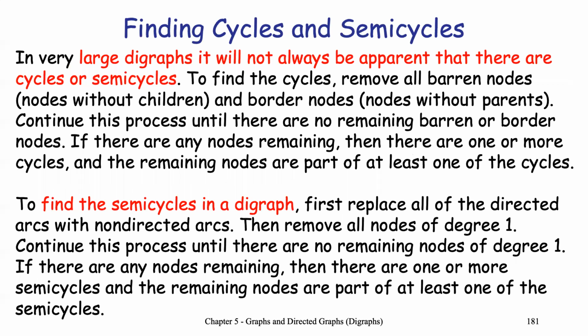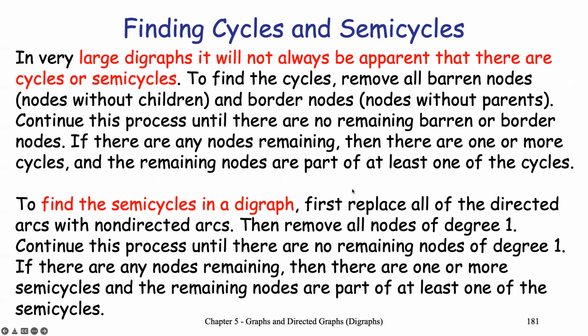Now we'll talk about cycles and semi-cycles. In very large digraphs, it will not always be apparent that there are cycles or semi-cycles. To find the cycles, remove all the barren nodes, that is nodes without children, and border nodes, nodes without parents. Continue this process until there are no remaining barren or border nodes. If there are any nodes remaining, there are one or more cycles, and the remaining nodes are part of at least one of the cycles.